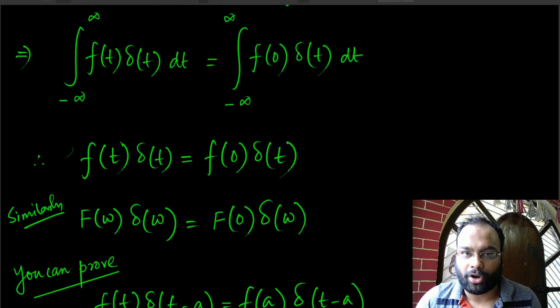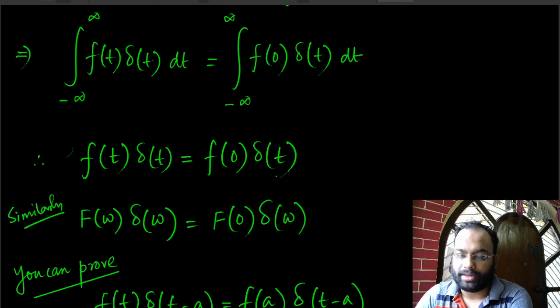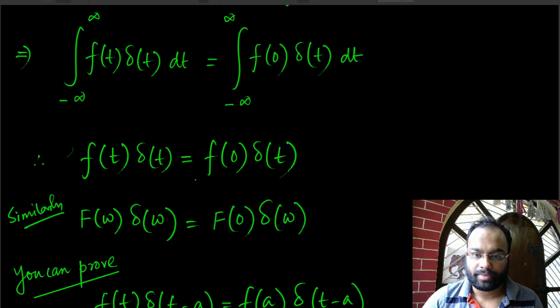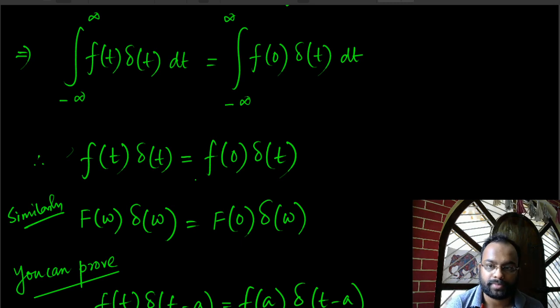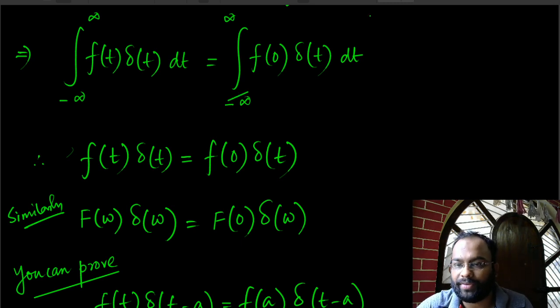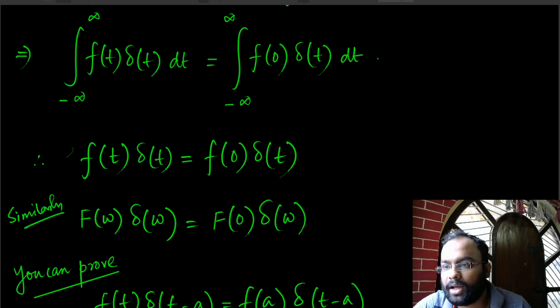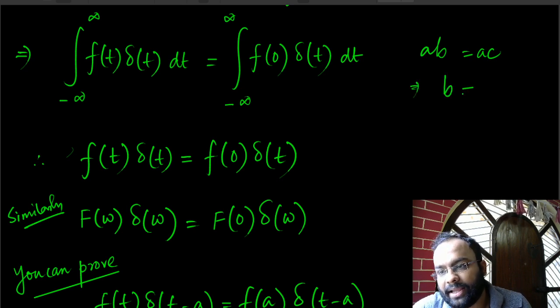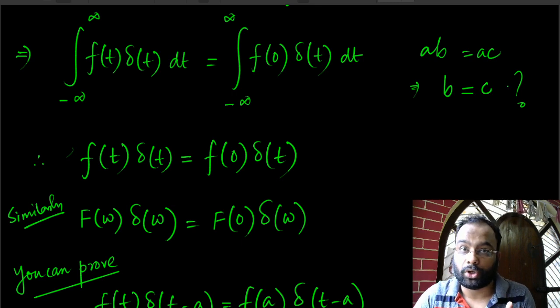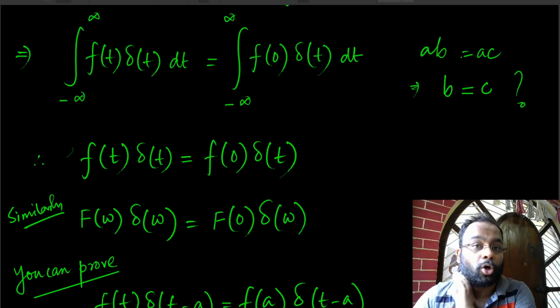This cancellation does not always happen, right? In order to do this cancellation, you have to make sure that this is non-zero everywhere. This is not non-zero everywhere, right? So if I say something like AB equal to AC, does it really imply directly B equal to C? Yes, only when A is non-zero under any condition.